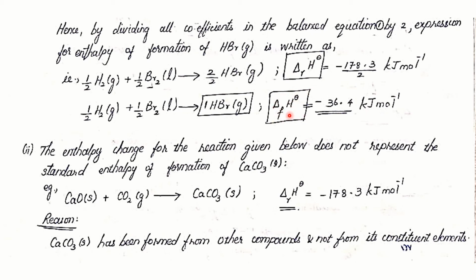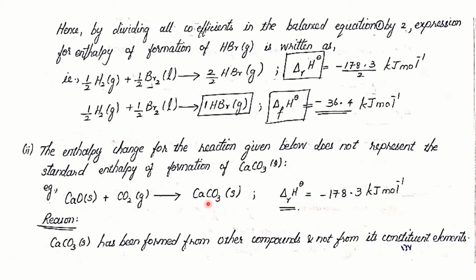Clear? And you can see that the standard enthalpy of formation is half of the standard enthalpy change of the reaction. Okay, its value is minus 36.4 upon dividing the standard enthalpy change of the reaction value by 2. Clear? Now look at the next point.